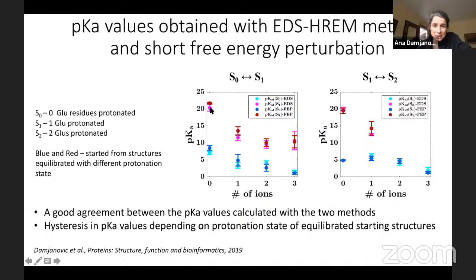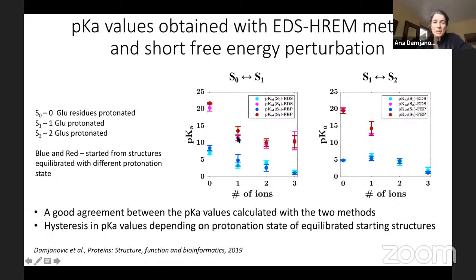So you can see here in this pink and red, the pK value with 0 ions in the channel, with the EDS and with free energy perturbation. They're very close to each other. This is started from the S1 state, and the blue ones are started from the S0 state. So they're very close to each other.